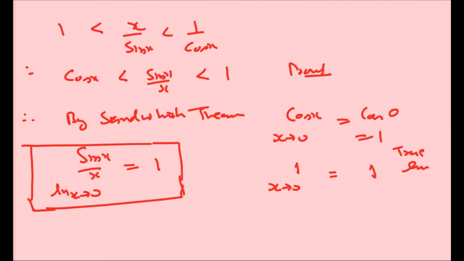Here the meaning of sin x upon x is that the variable x tends towards 0. Now we can say one more formula, that is the limit of 1 minus cos x upon x, x tends towards 0, equal to 0. This formula also we can use.